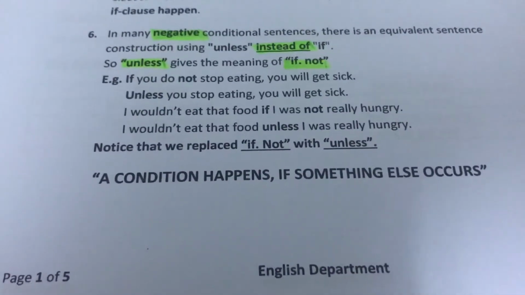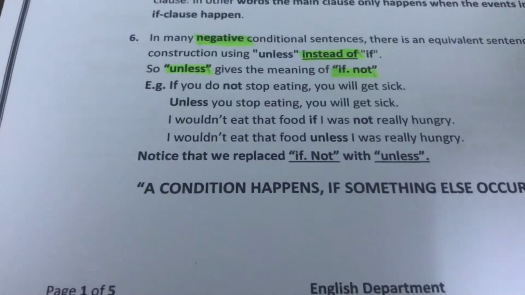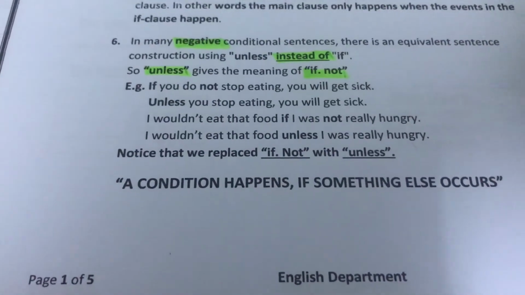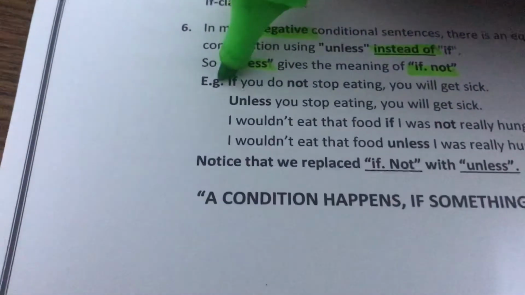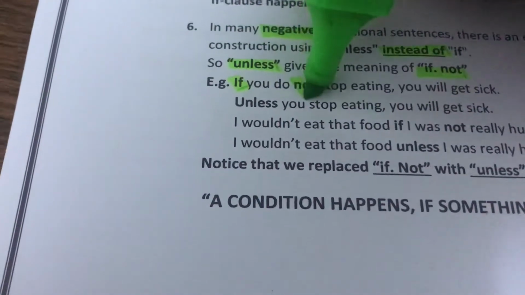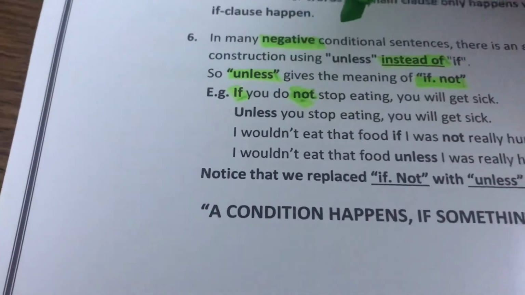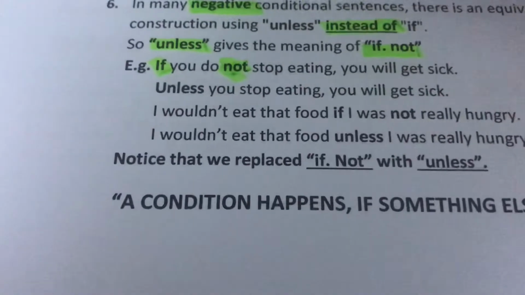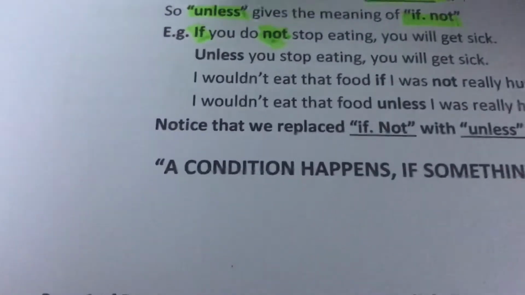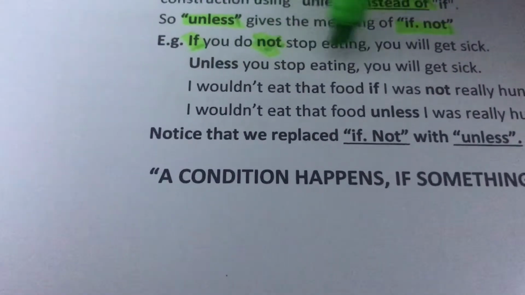Examples regarding this: if you do not stop eating you will get sick. So here you have if and not. So we could write this sentence in another way, which is unless you stop eating.